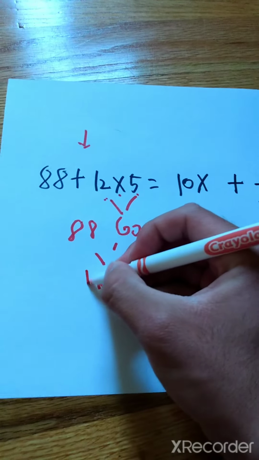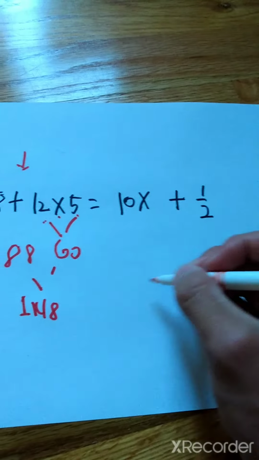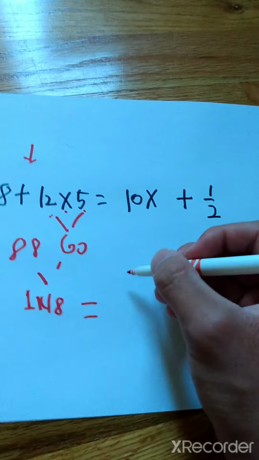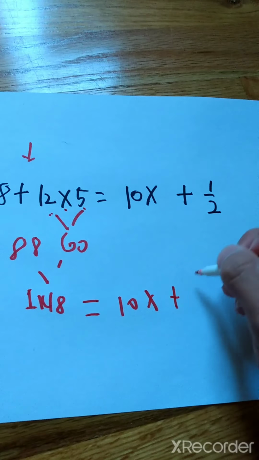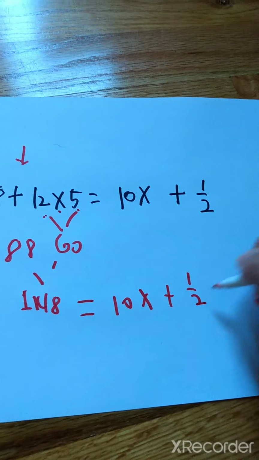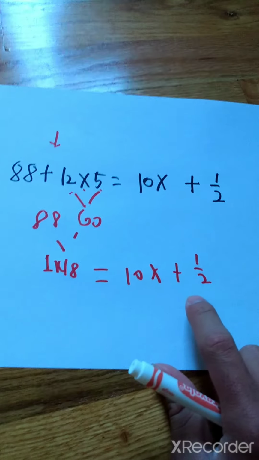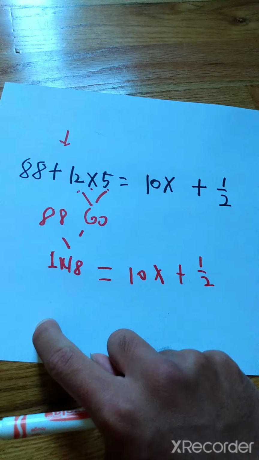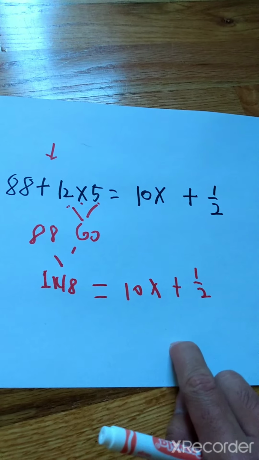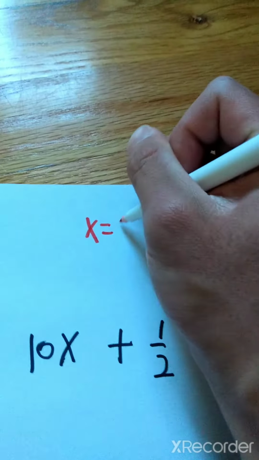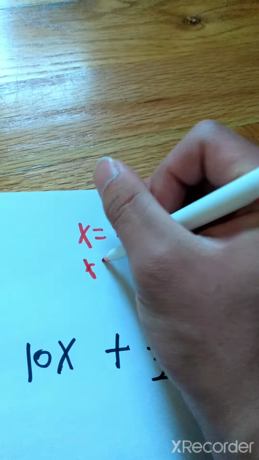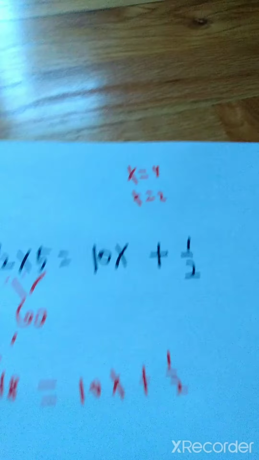So if that side is 148, that means 148 equals 10x plus 1/2. And what we want to do is have a number on one side and a variable on the other side. That explains why we get answers like x equals 4 or x equals 2 and so on.